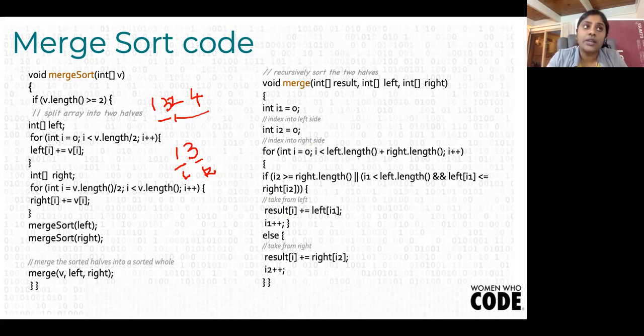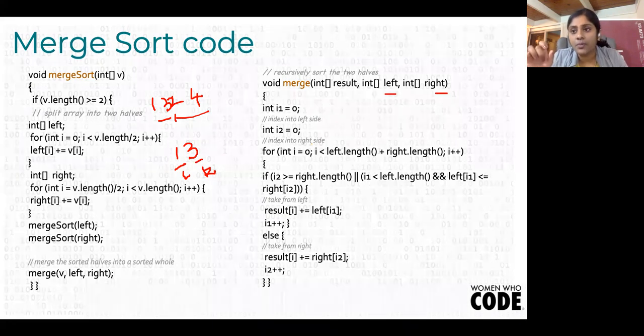So for the merge, we are taking the left and the right array and the result array. For that, we have 2 pointers, I1 and I2. One is for the left array, the second one is for the right array.